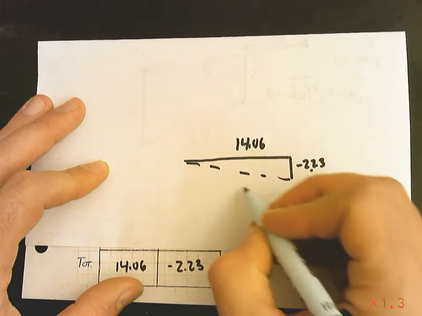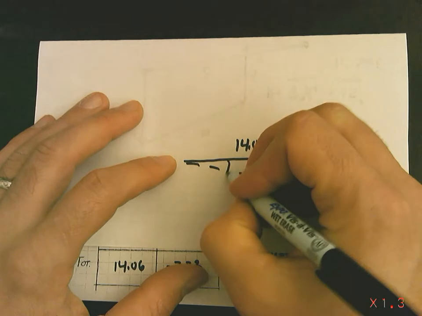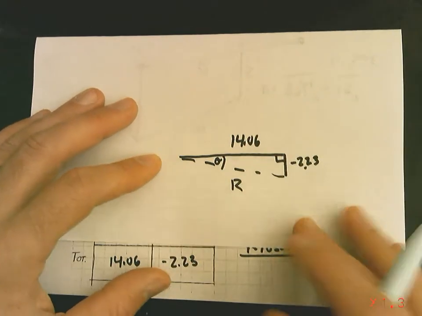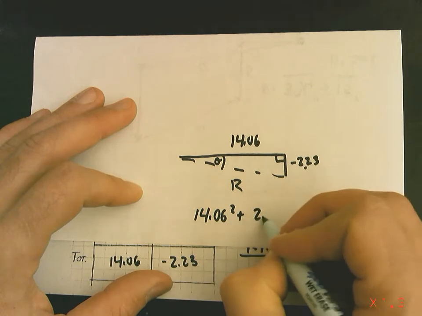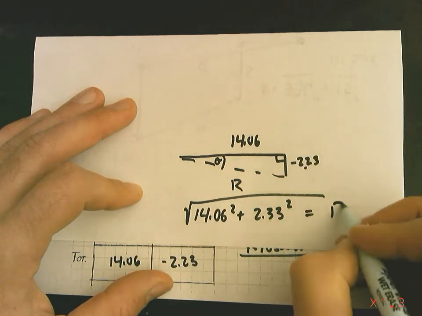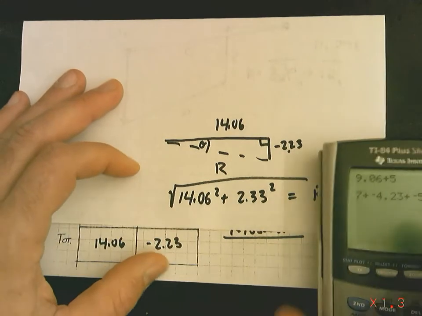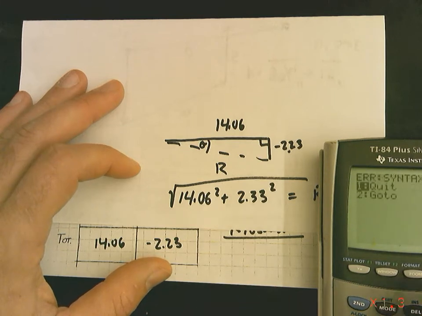And then what we want to know is r, which is going to be the biggest side of the triangle, and we also want to know the angle theta. So I take 14.06 and square it and add it to 2.23 squared. Notice I dropped the negative sign, just the magnitude, not the direction, is important. I'm going to do the Pythagorean theorem and solve: 14.06 squared plus 2.23 squared, and I square root all that.